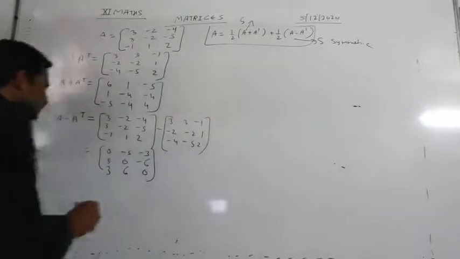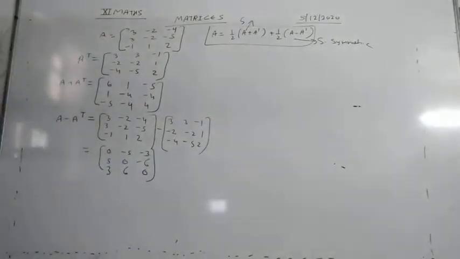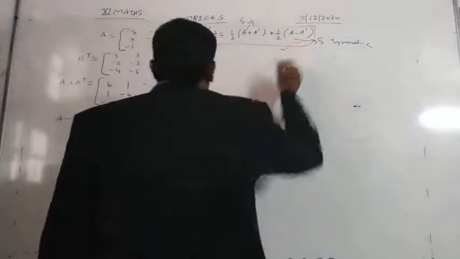So we are saying that our A minus A dash is 0, -5, -3; 5, 0, -6; 3, 6, 0. This is our A minus A dash. Now we will put these values in this equation.